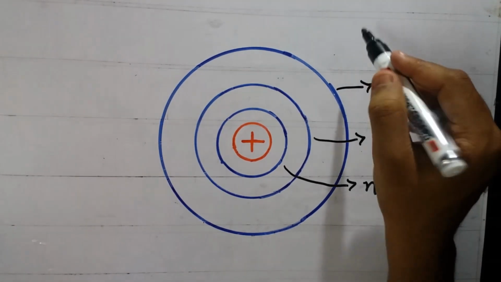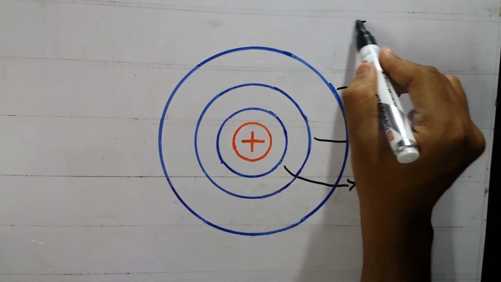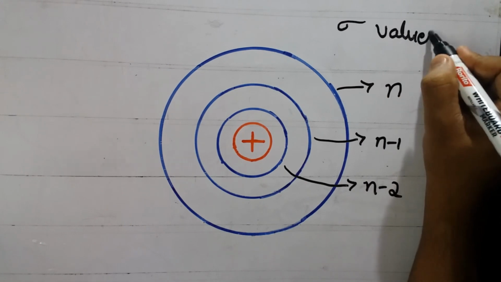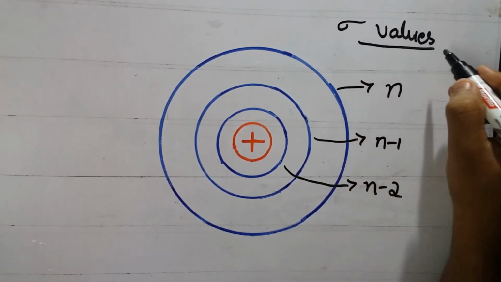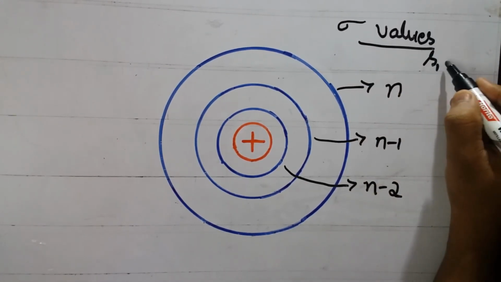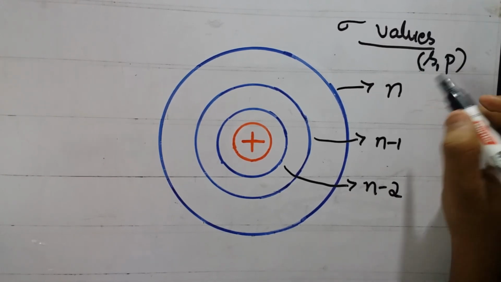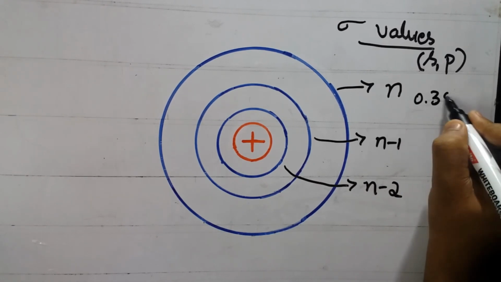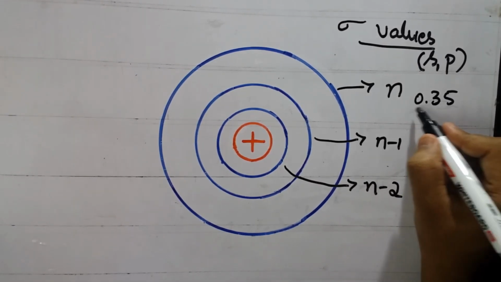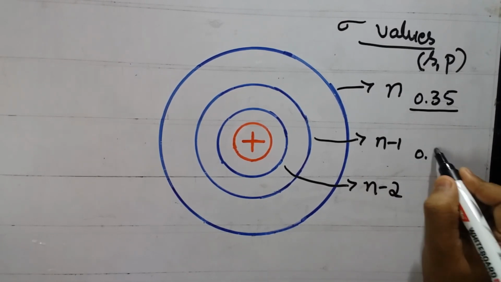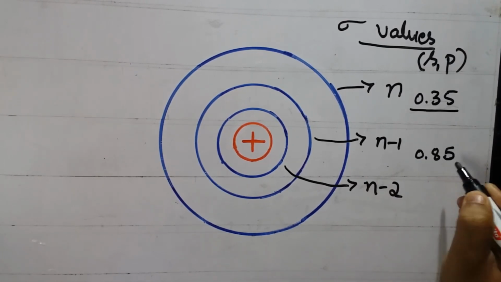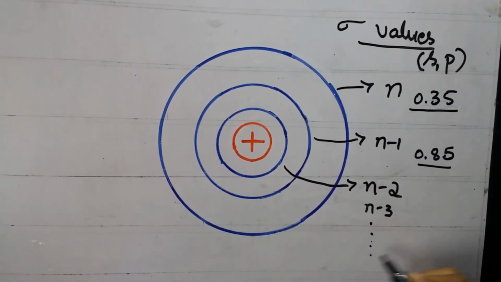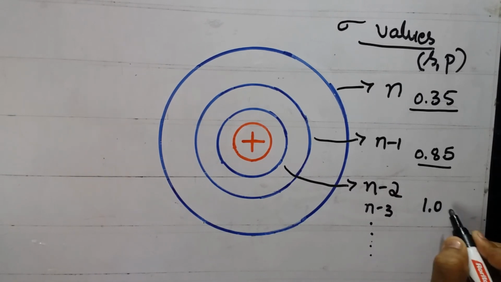Now we know that according to Slater's rule, for the sigma values contributed by s and p orbitals, the n shell will contribute around 0.35, n minus 1 would contribute 0.85, and n minus 2, n minus 3 and so on would contribute around 1.0.